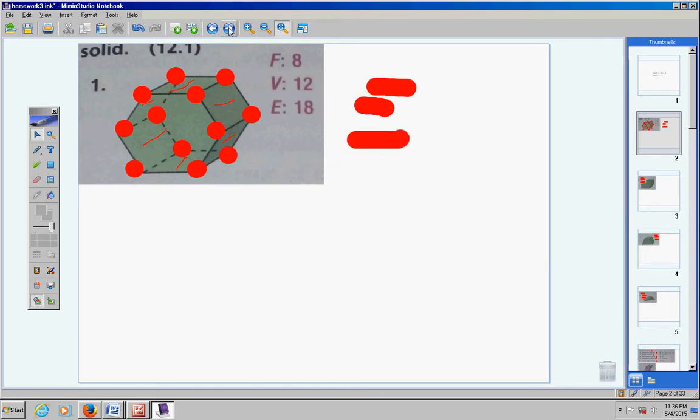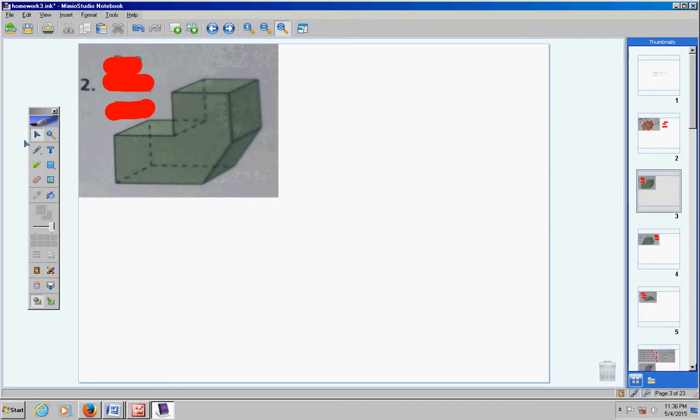So not too bad. Number 2. Alright, let's count the faces. Here's 1 in the front right here. Then here's 1 in the back right here. Okay, that's 2. Then we have 1 right here, then 1 right here.